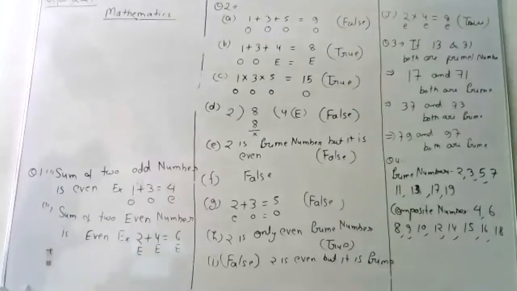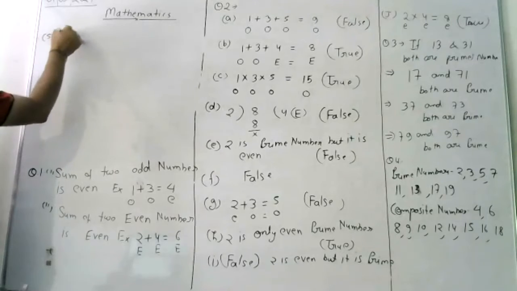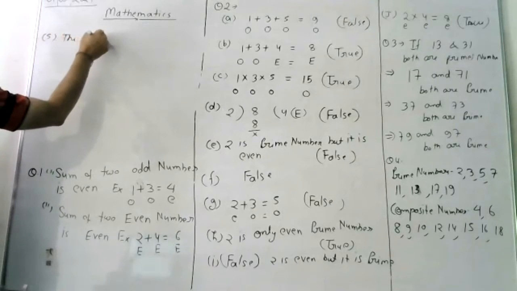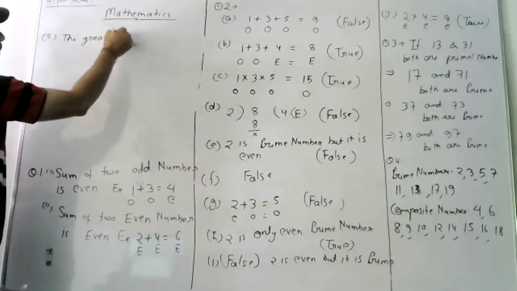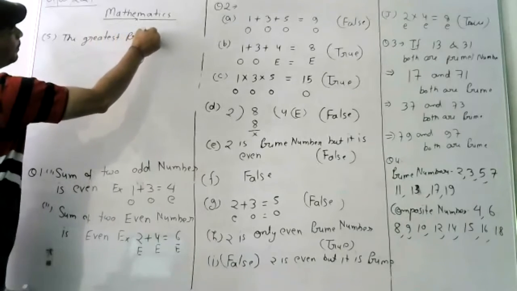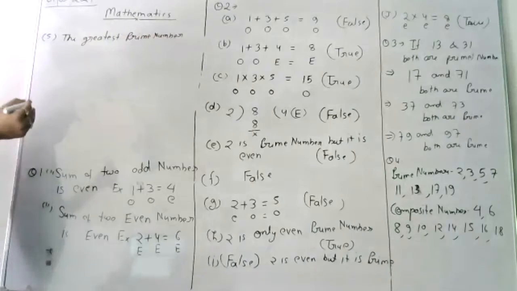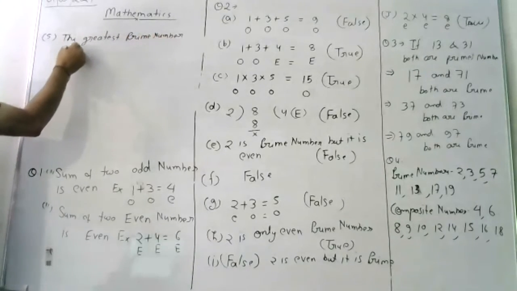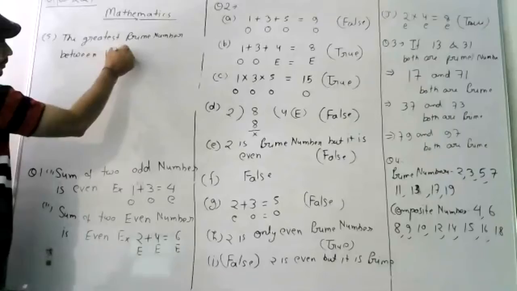The greatest prime number between 1 and 10.